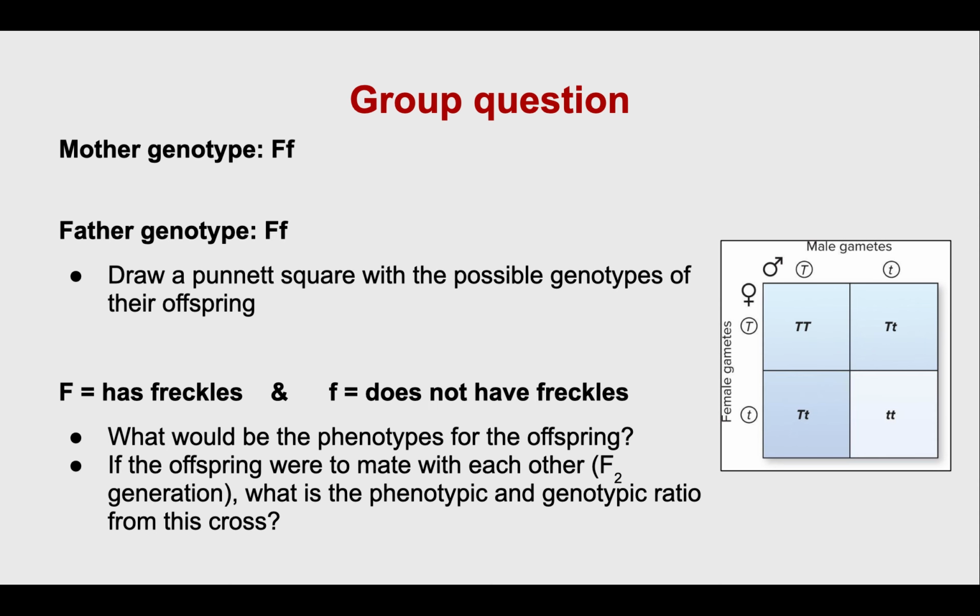How are those Punnett squares coming along?